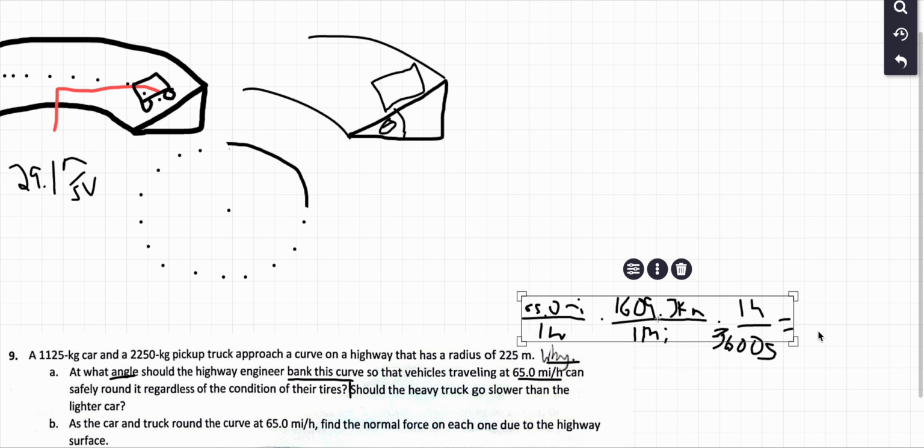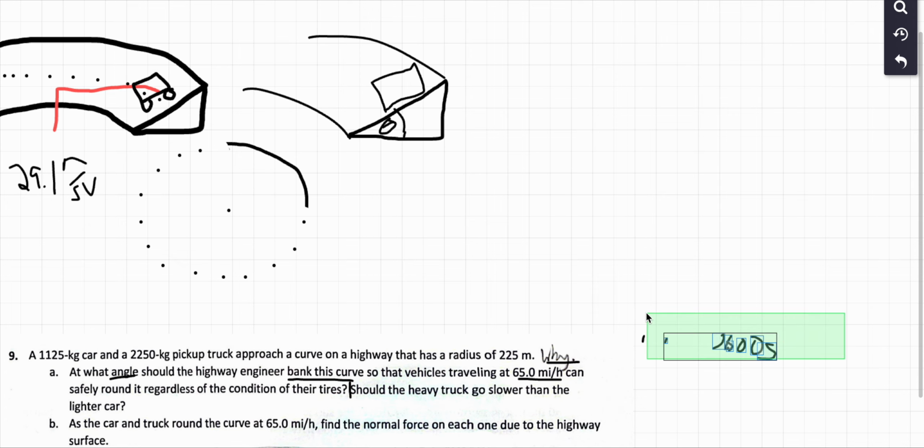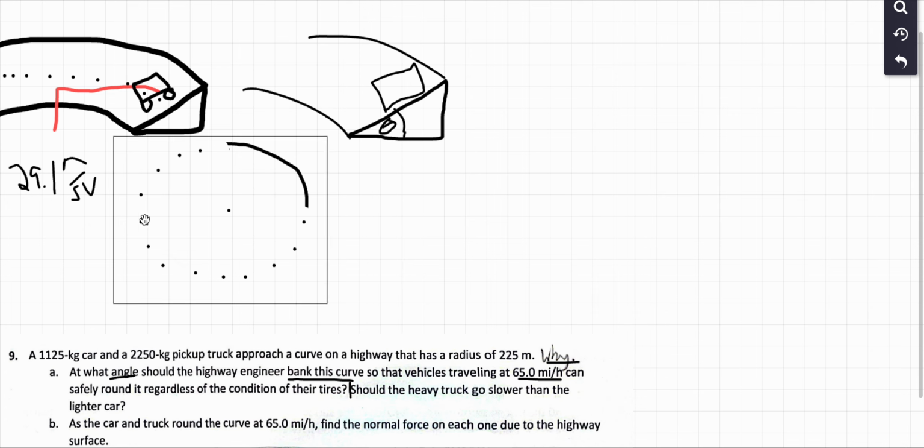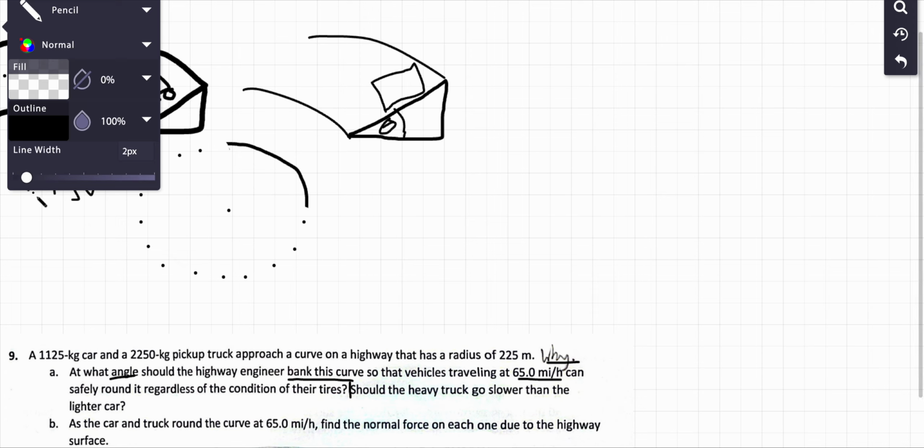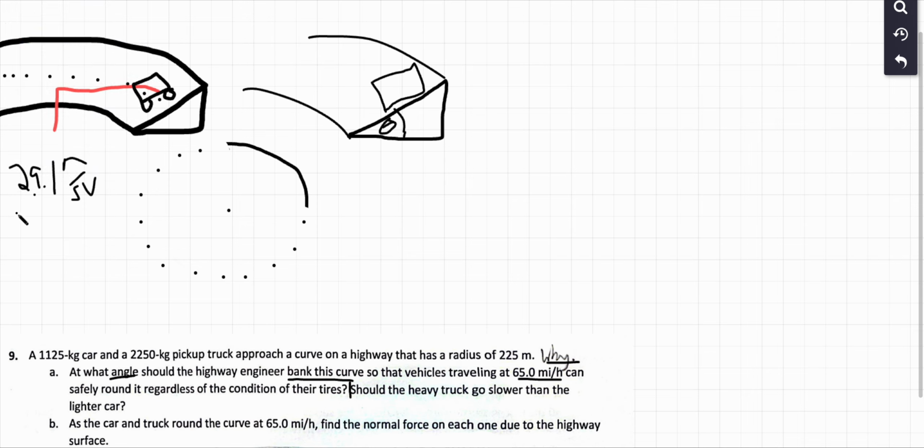Okay, so we have our velocity. We have the centripetal force problem, which I probably should have said a little earlier, because we're going around in a circle.